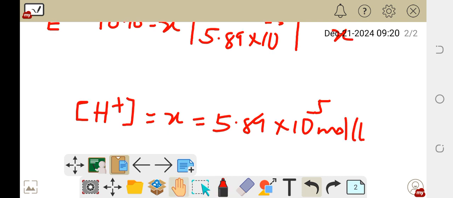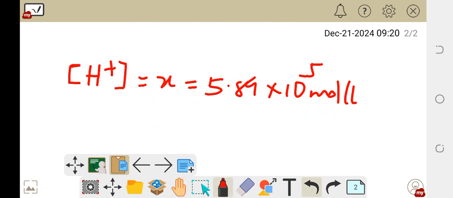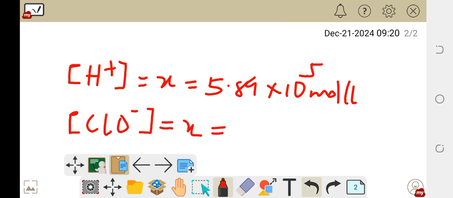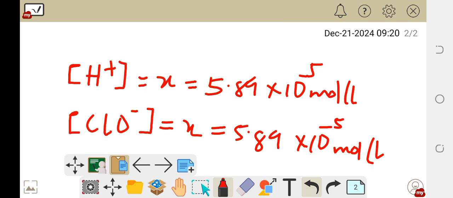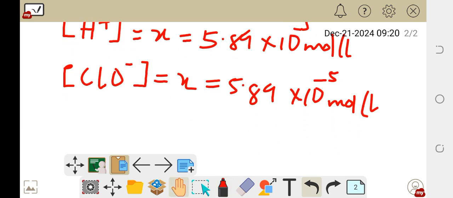And that gives the concentration of hypochlorite ion as well, since it has a value of X as 5.89 times 10 to the negative 5 mole per liter. You can get the equilibrium concentration of the hypo.